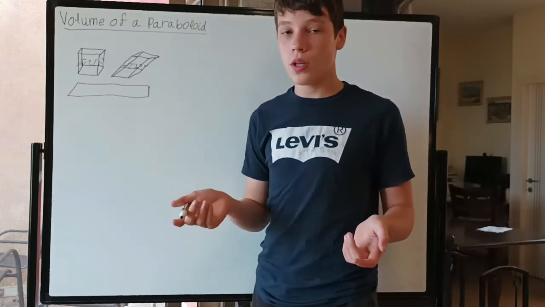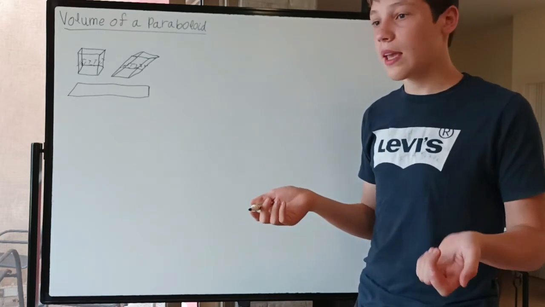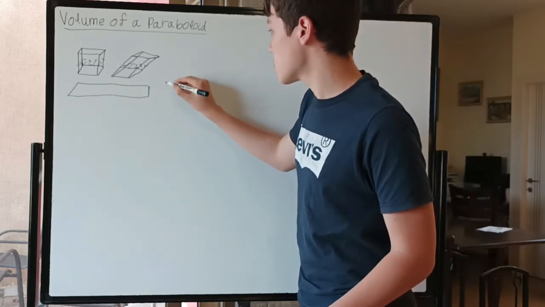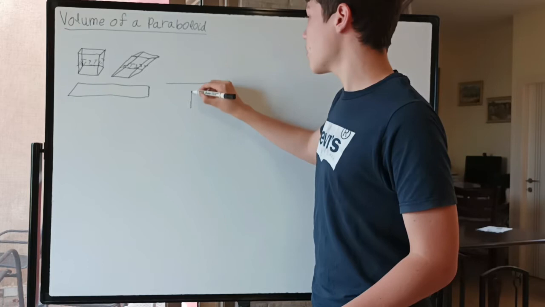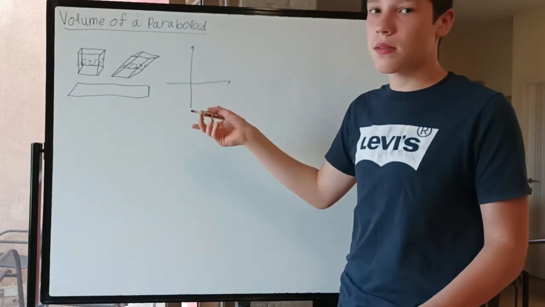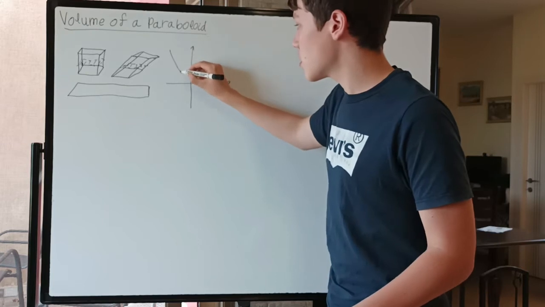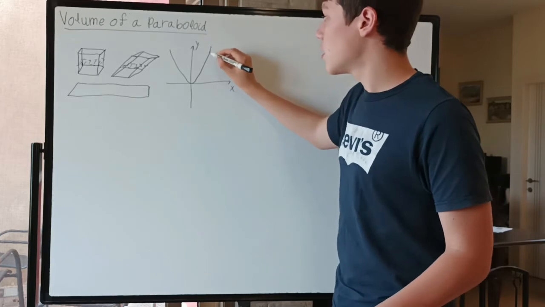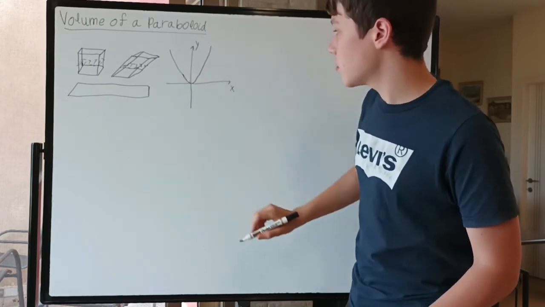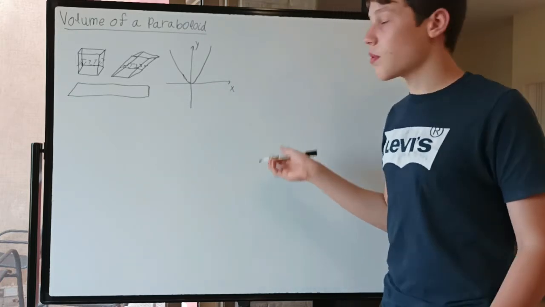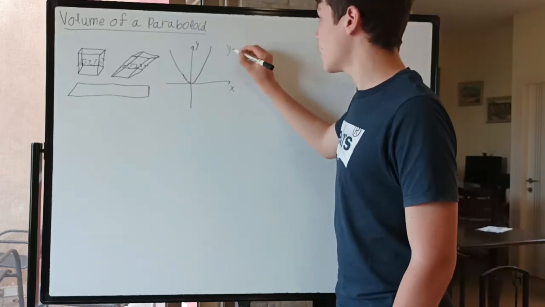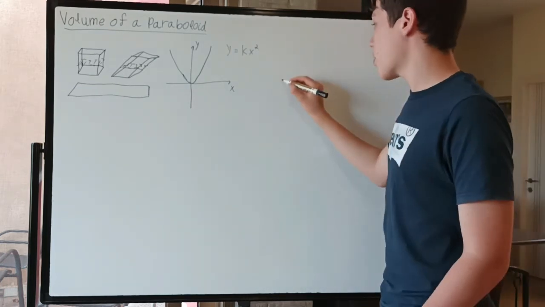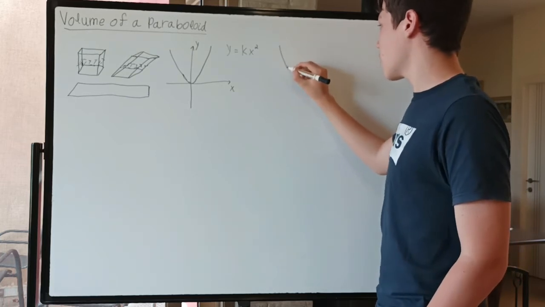A paraboloid, if you don't know, is basically the generalization of a parabola. Let's draw a parabola. I'm going to assume its vertex is tangent to the x-axis at the origin. Then its function is y equals kx squared for some number k.